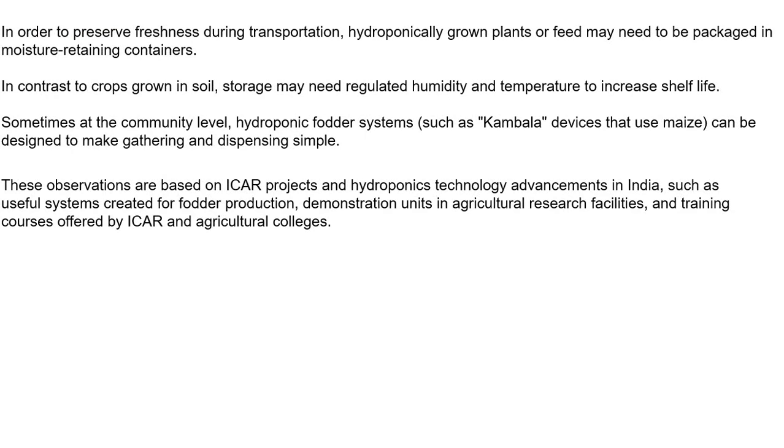In order to preserve freshness during transportation, hydroponically grown plants or feed may need to be packed in moisture-retaining containers. In contrast to crops grown in soil, storage may need regulated humidity and temperature to increase shelf life.